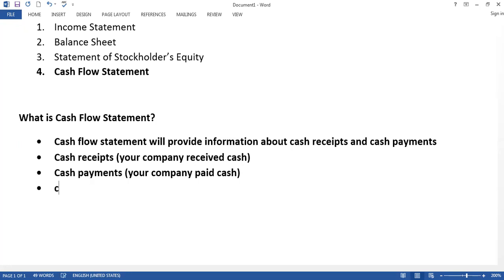Again, cash receipt, another word is cash inflows.